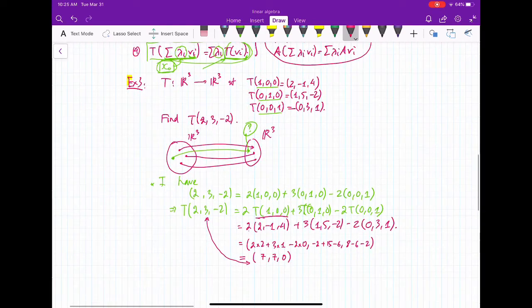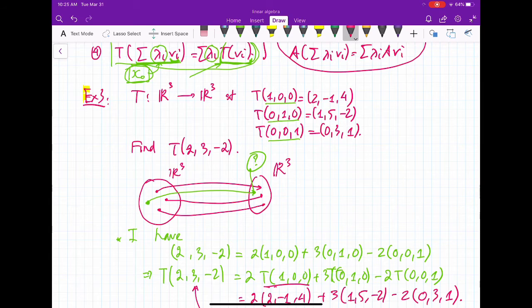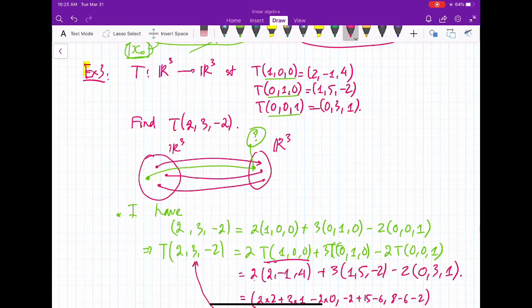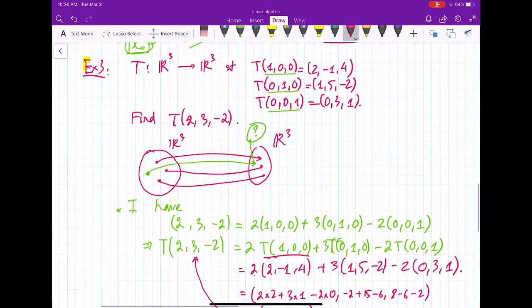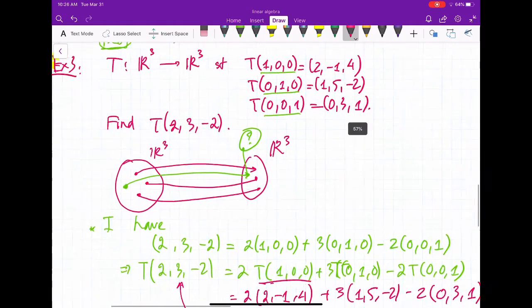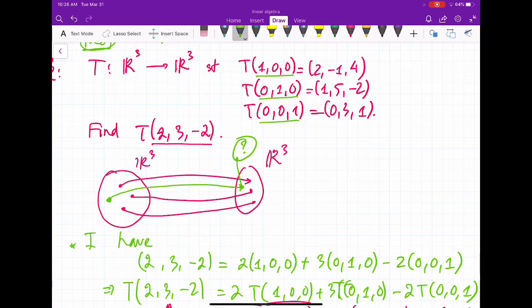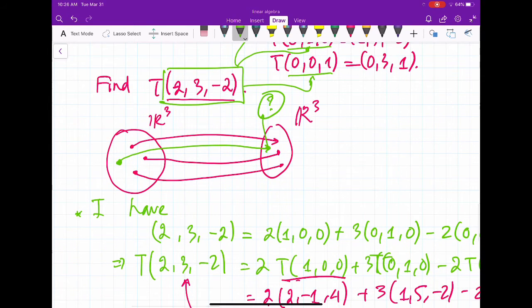From this example, we may generalize it. We may use this technique, this idea, for any problems like this. Make sense? Even if they don't give you (1, 0, 0), (0, 1, 0), (0, 0, 1), whatever they pick, the only thing you need to do is express your vector as a linear combination of those vectors, and then apply T to the whole linear combination.